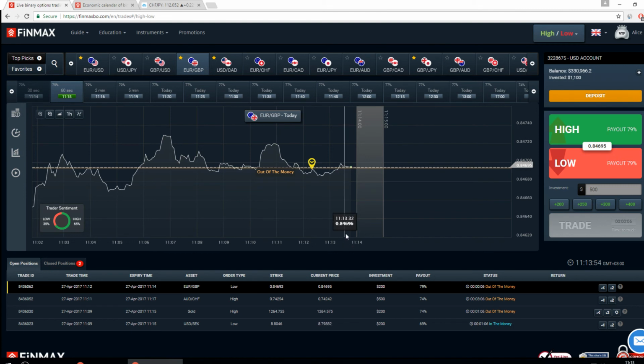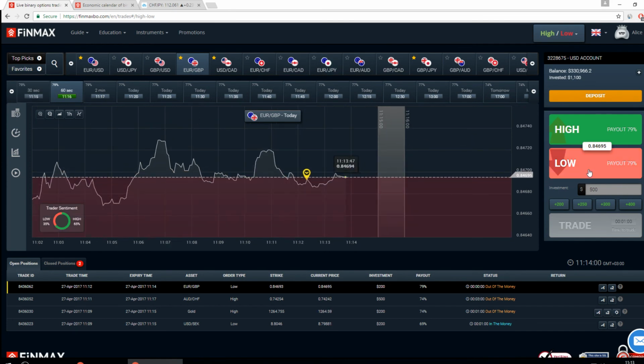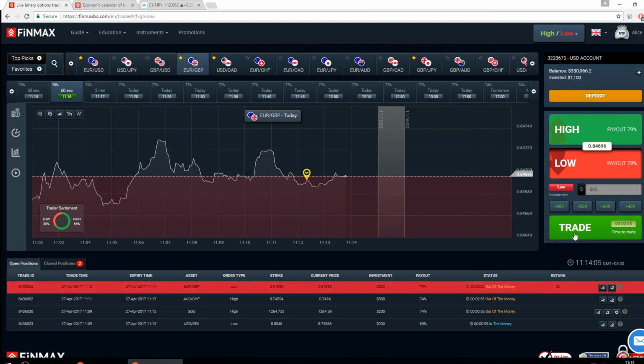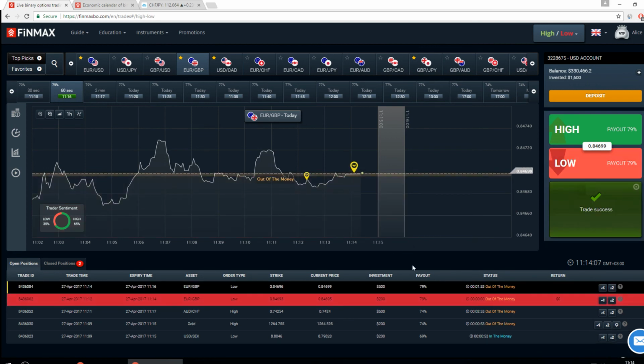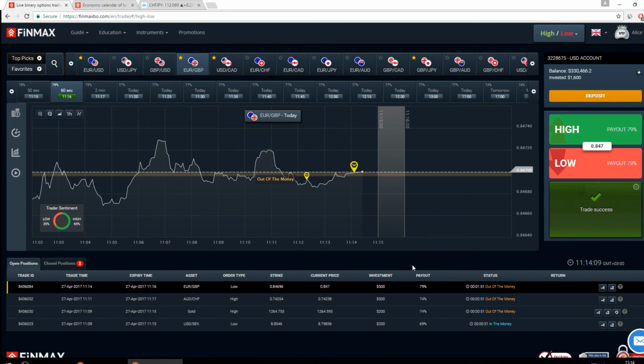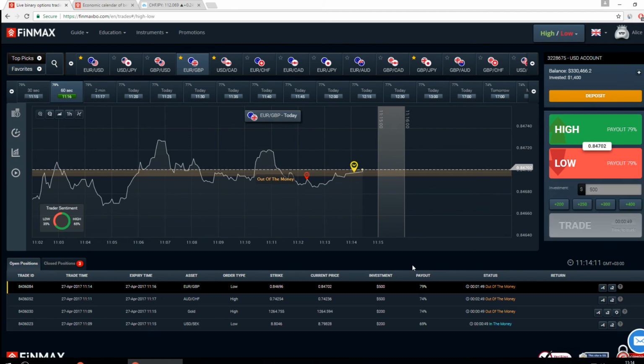When you're trading on the really short time frames, you need to be ready for the second trade, and you need to prepare before it expires in order to open the trade at the second that it expires.